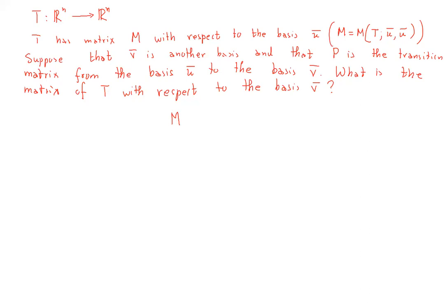To change from U to V, you have the transition matrix P. So to change from V to U, you have P to the negative 1.